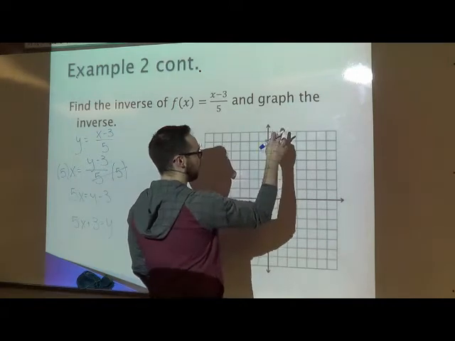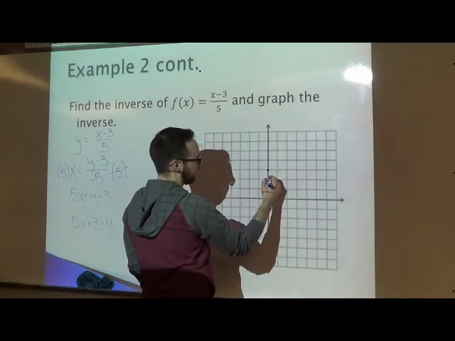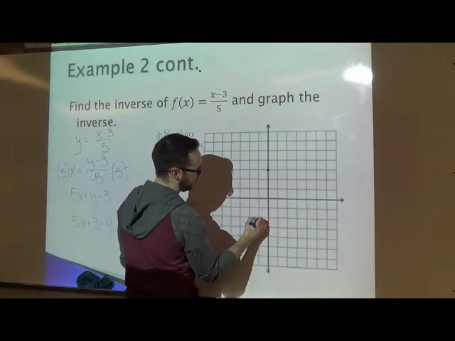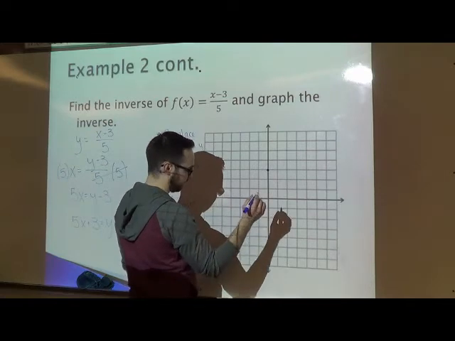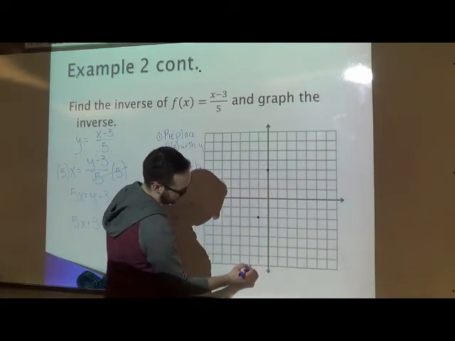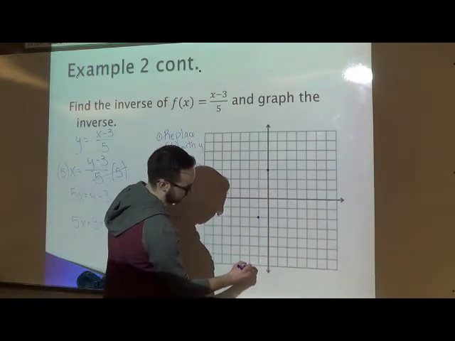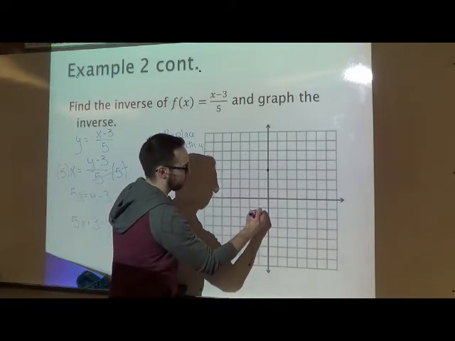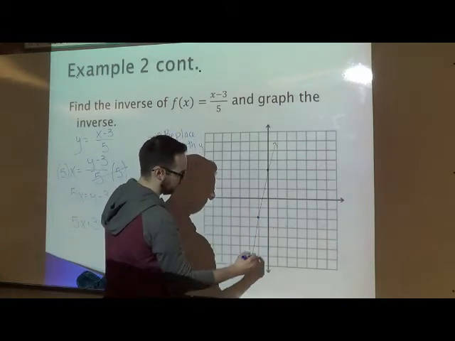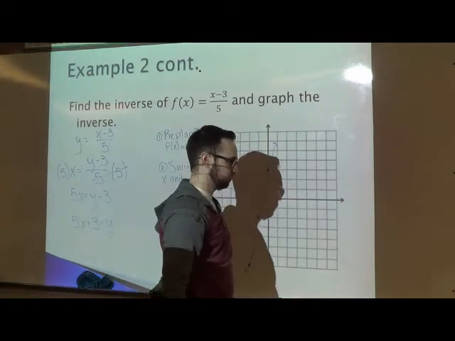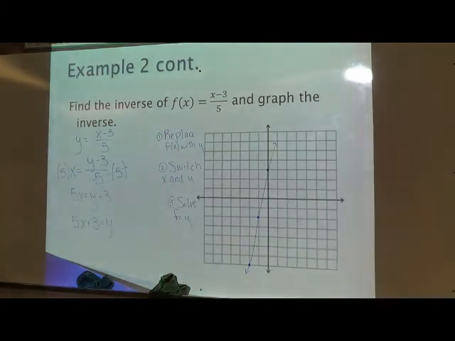I could go up 5 and over 1, but that's going to kind of take me off the graph. So I'm going to go down 5 and to the left one. I could do that actually again. And that'll give me my graph. Again, that's all there is to it.